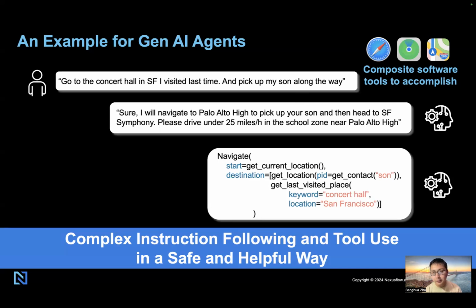So in this case, we hope to first get contact with son, get location, and then get last visited places in San Francisco, and then call the navigate function to do the full navigation. So this is definitely very complex instruction following and tool use capability, and we hope to accomplish that in a safe and helpful way.